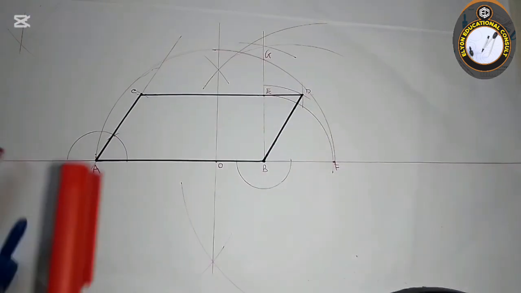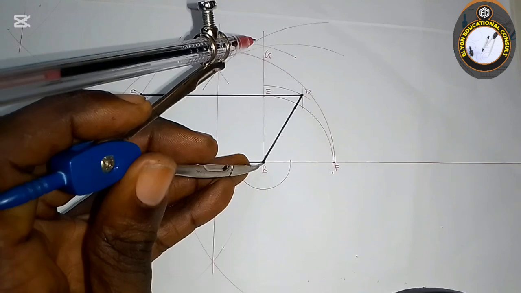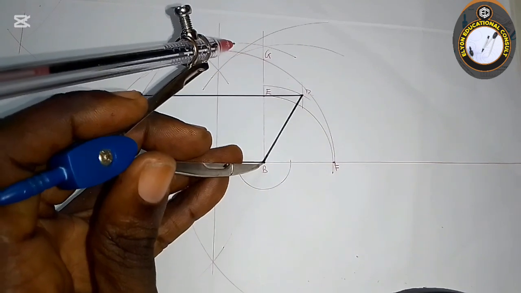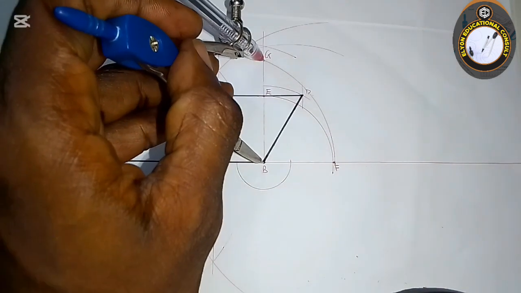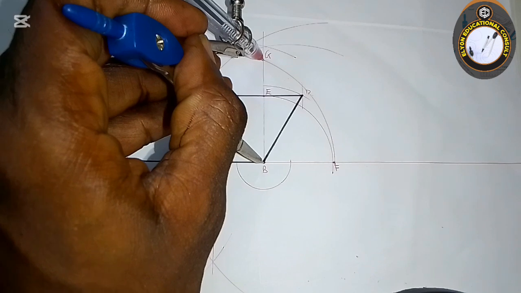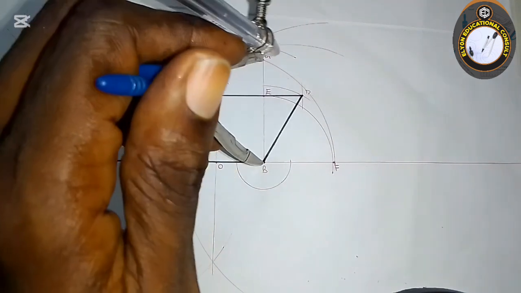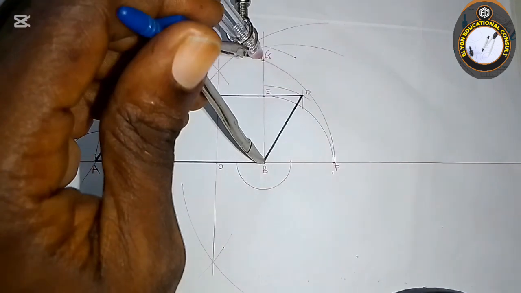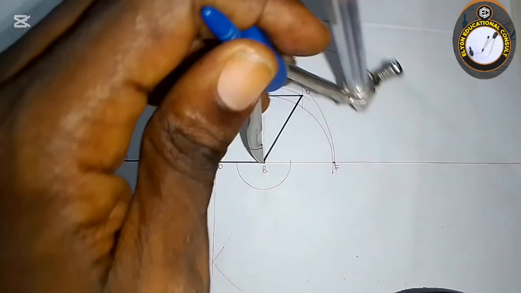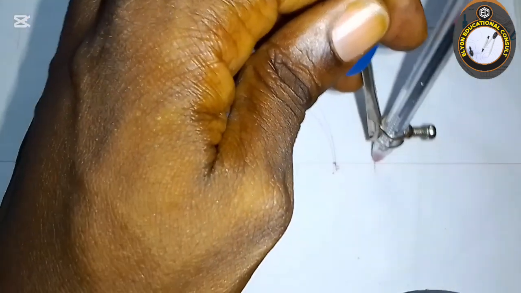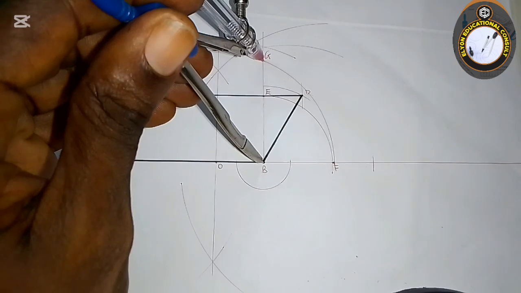So BG is one of the sides of the square. I can take BG as one side. And don't forget the characteristics of a square: all sides must be equal.